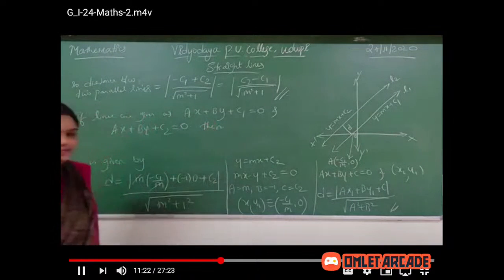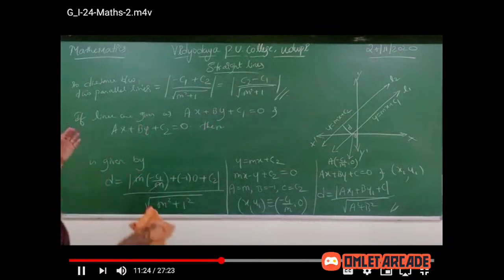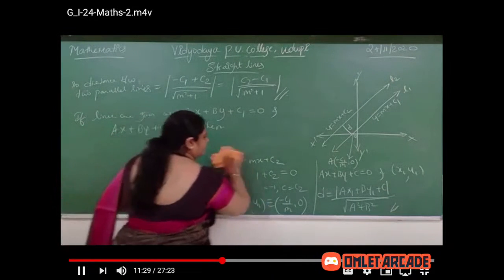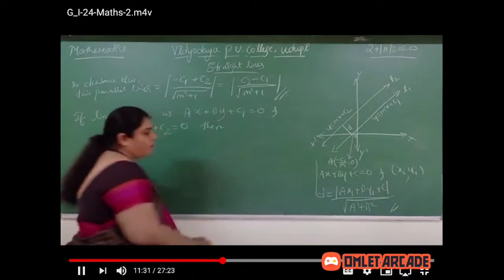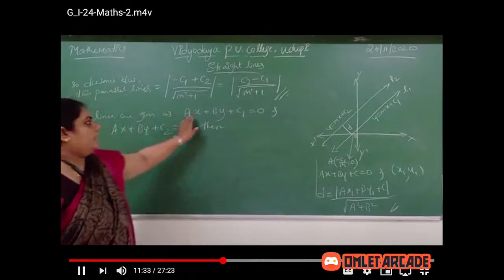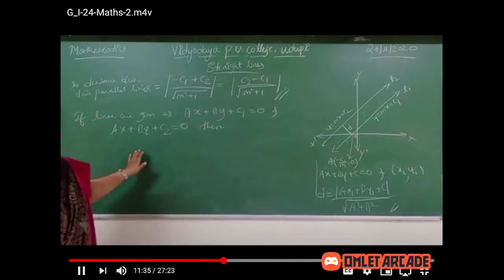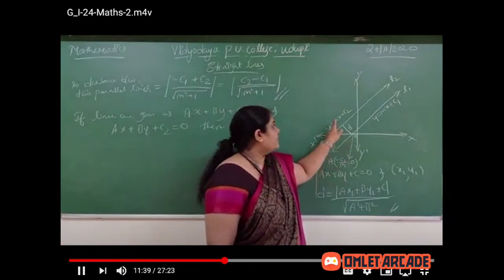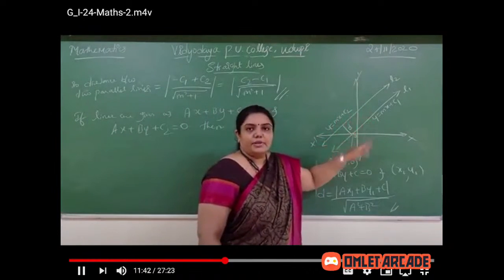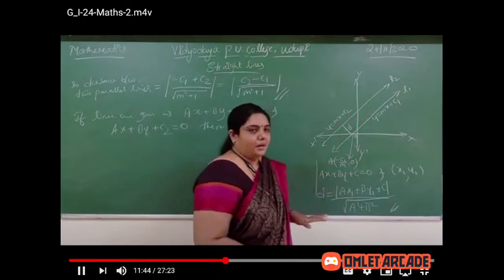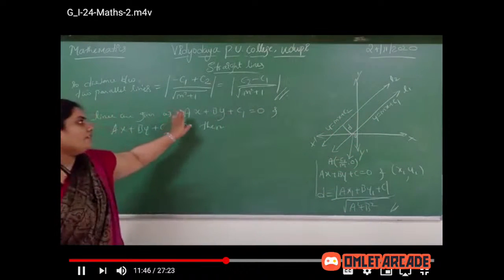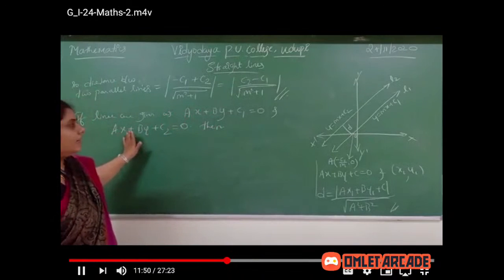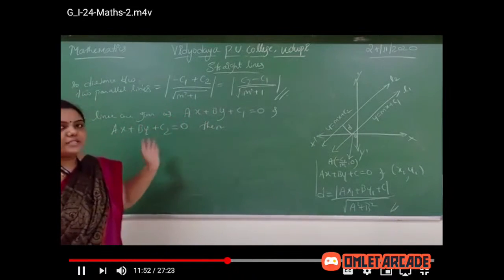Then we'll see distance between them if it is given in this form. We just observe. I have taken ax plus by common in both the equations. Because when it was in slope intercept form, you consider m for both, isn't it? Because they are parallel lines, slopes are same. That's why the value of a and b also same. So I have taken for the two parallel lines as what?